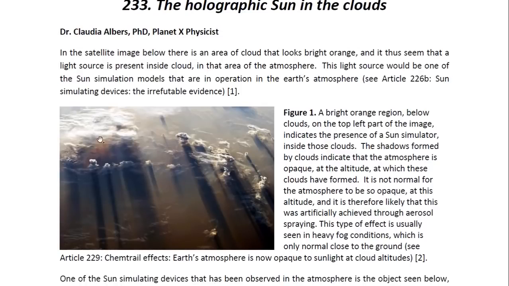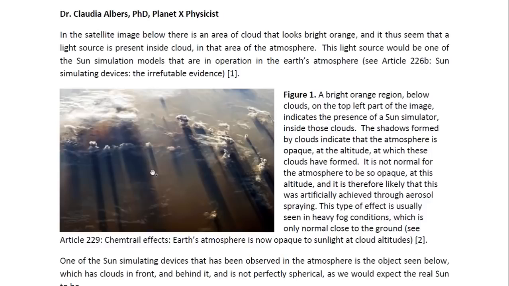Now, besides what seems to be a sun simulator in that area of the atmosphere inside the cloud, we also see these shadows formed by clouds. And this suggests that the atmosphere has become extremely opaque at this altitude. And this effect is usually only seen close to the ground when there are heavy fog conditions.